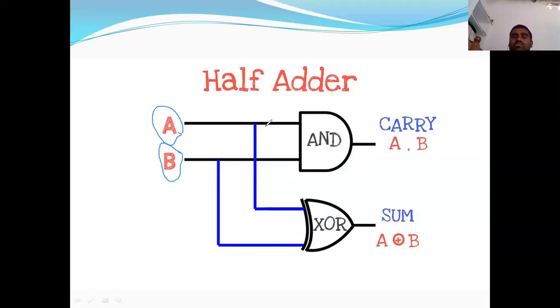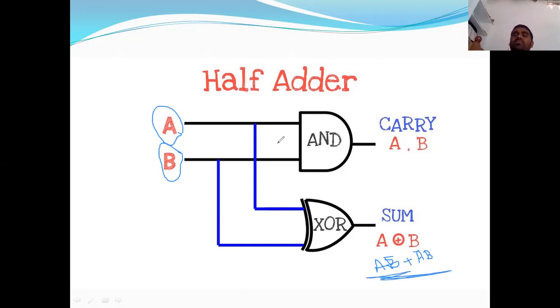This is the logic gate, AND gate, and another gate is XOR gate. XOR gate is nothing but A B bar plus A bar B. So this is the XOR gate output.